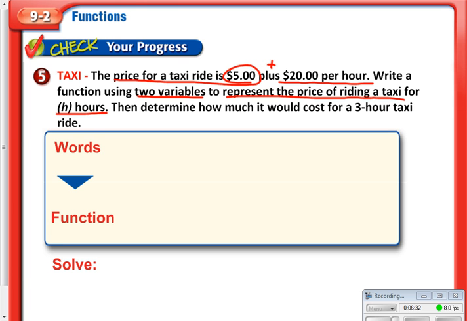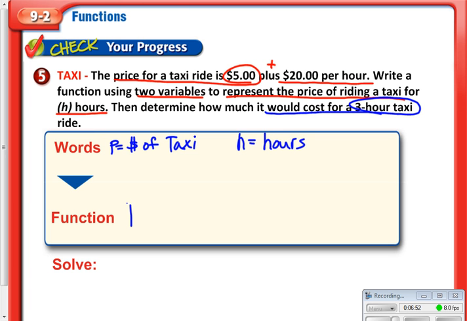So again, I'll say P is the price of the taxi, and H, as given above, represents hours. We need to write a function.